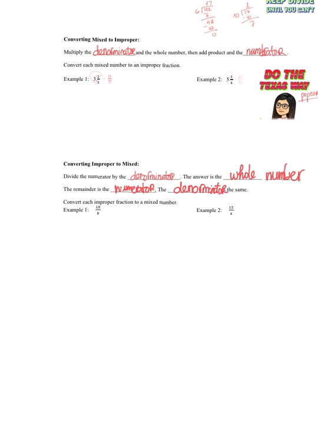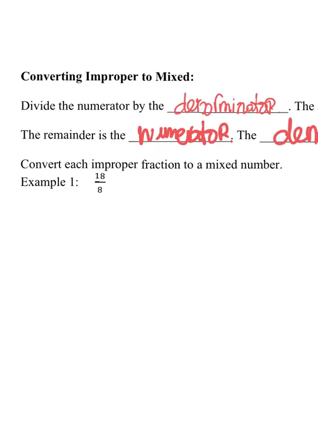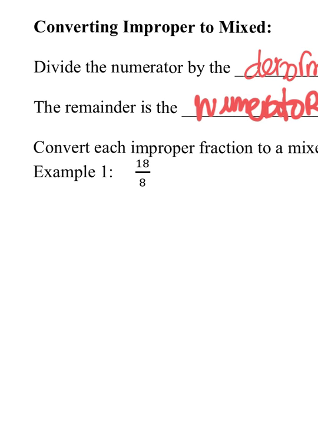Okay, so let's convert 18 over 8. So first we're gonna divide, okay? 18 by 8. How many times does 8 go into 18? Twice. Because 2 times 8 gets me 16. 18 minus 16 gives me a 2.